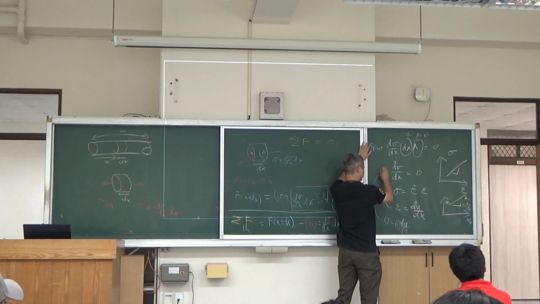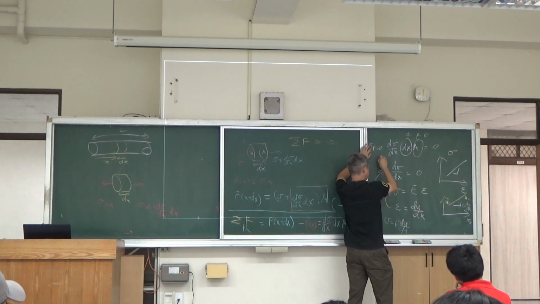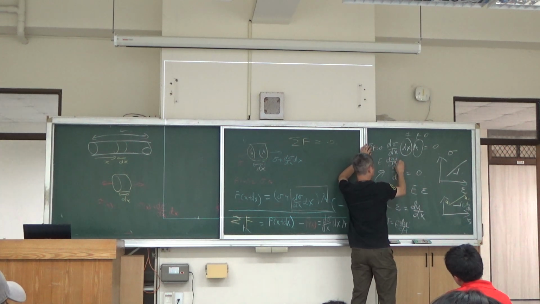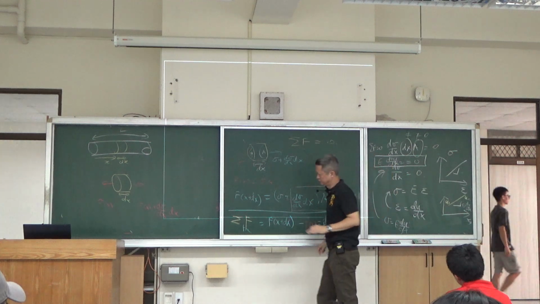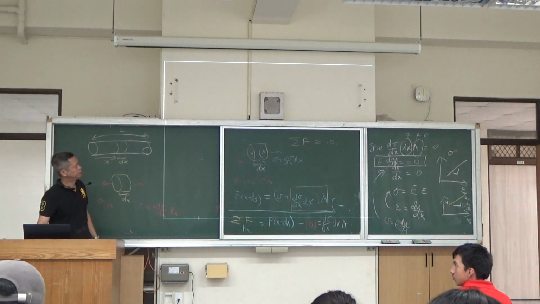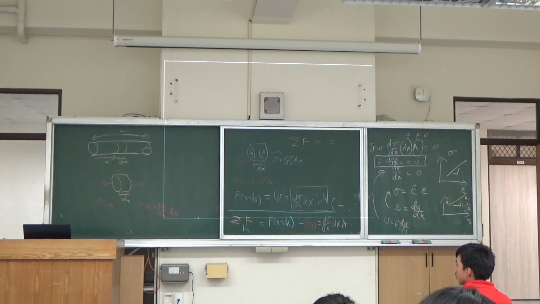Then if you do substitution over here again, then you have the E, and then second order derivative of u is equal to 0. Yeah. So that's what we did, right?